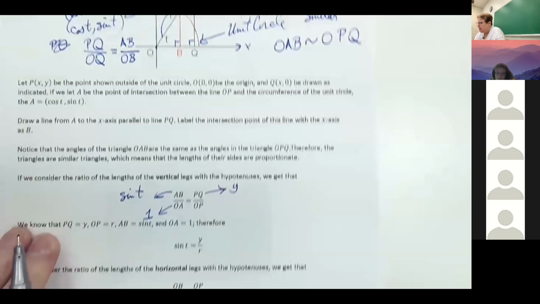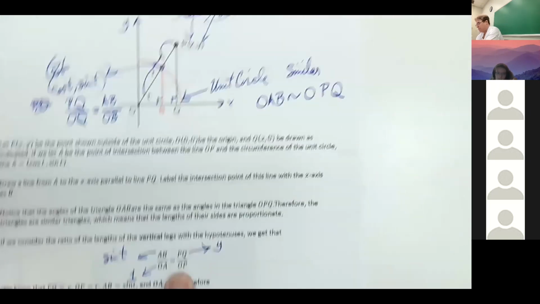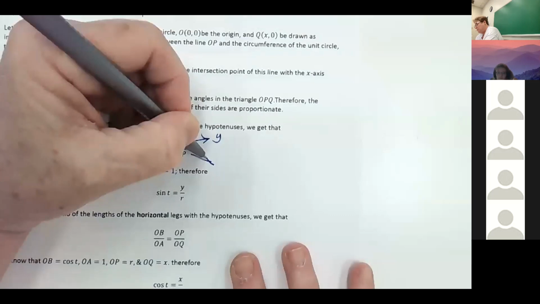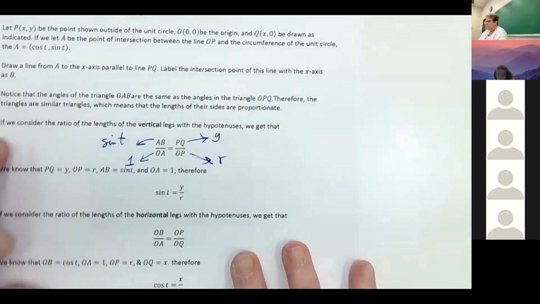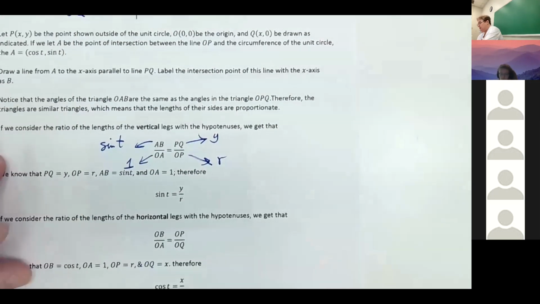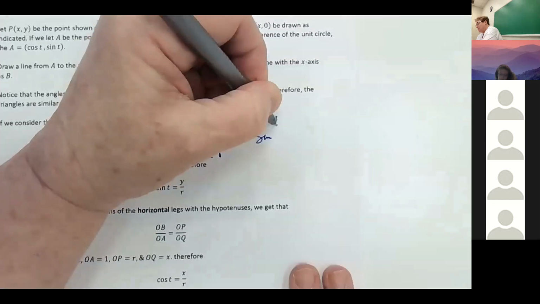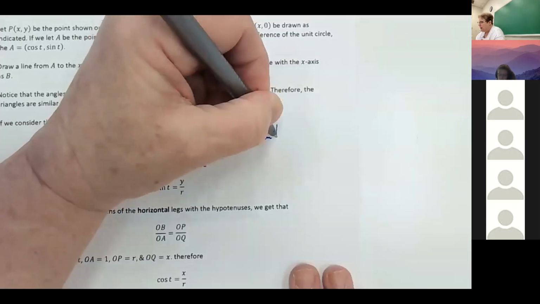And OP is R. So we get that the sine of T is equal to y over R.